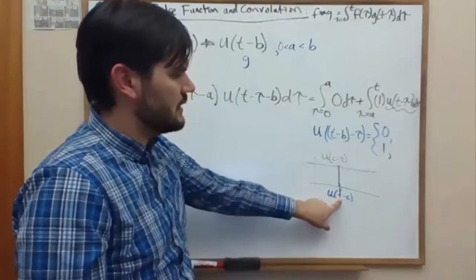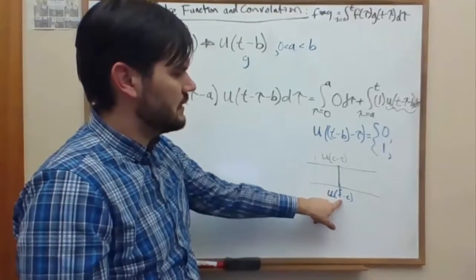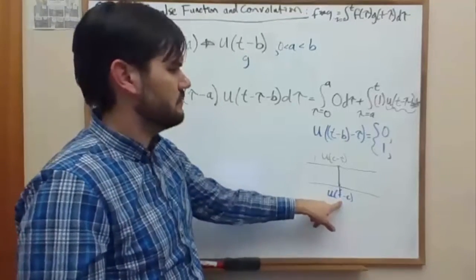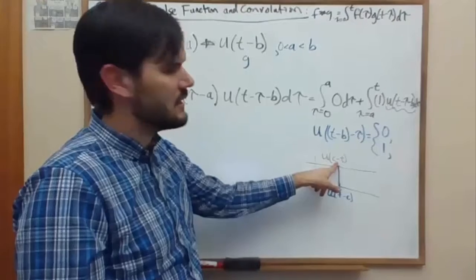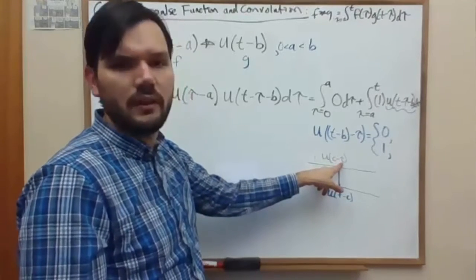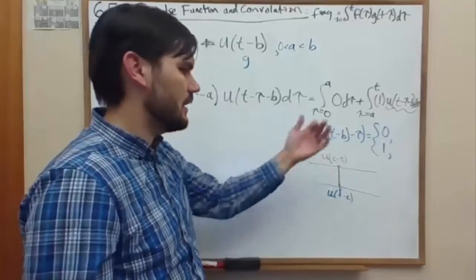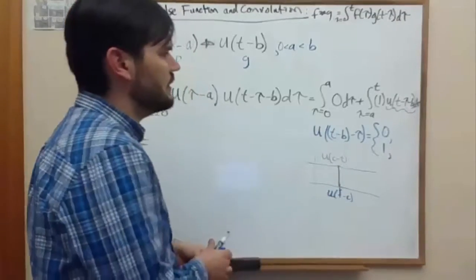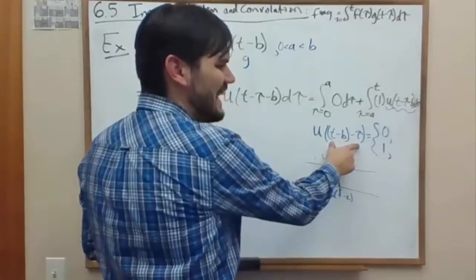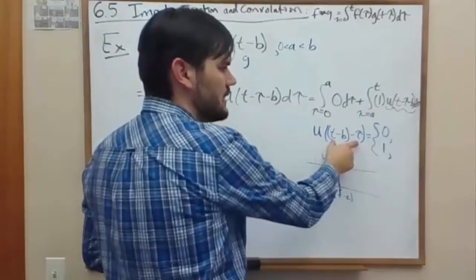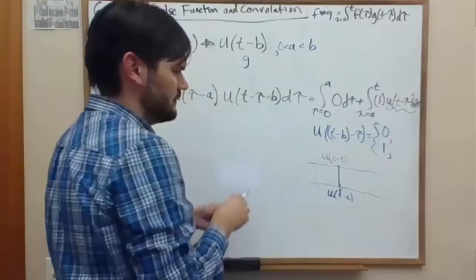Because u of t minus c is 1 whenever t is greater than c, giving us a positive value. If you negate the inside and you have t being greater than c, then you're subtracting and getting a negative value for u, and that makes it 0. So wherever the input is negative, the output will be 0. Whenever the input is positive, the output will be 1.